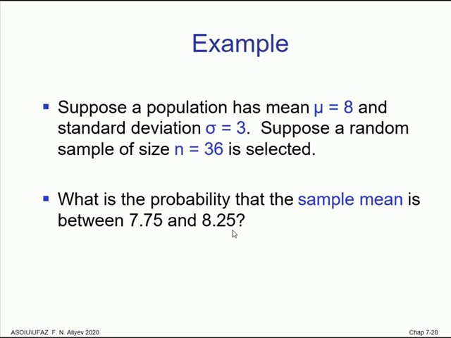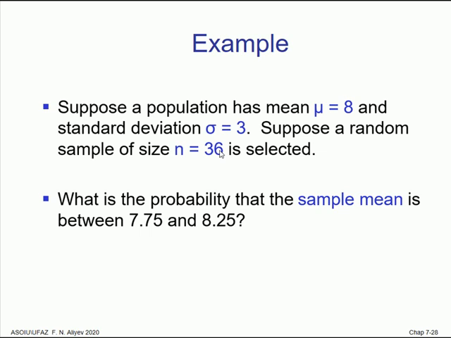As you see, students, there is nothing about the distribution of the population mentioned here. So you cannot say that the population is normally distributed. It's not given to us. But because the sample size is more than 30, it doesn't matter for us how the population is distributed. The sampling distribution is almost normal.